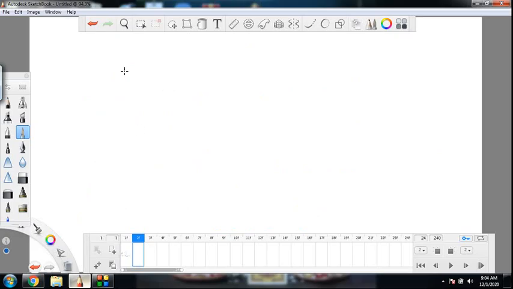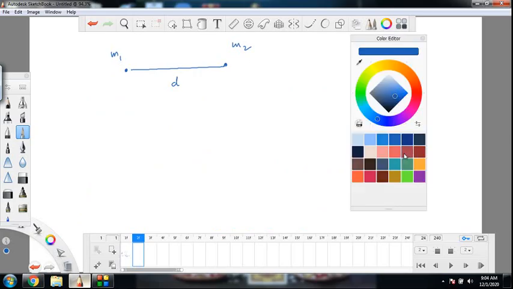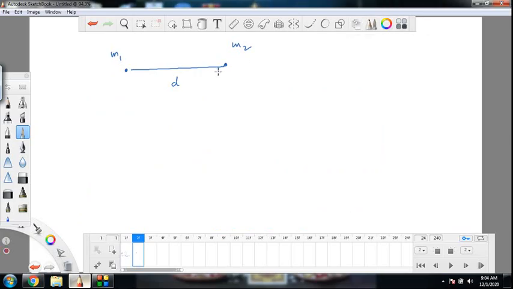That means if I have a point mass m1 here and another point mass m2 here, separated by a distance of d, then m1 is going to attract m2 with a force, and m2 is also going to attract m1 with a force. The magnitude of both these forces is F only.